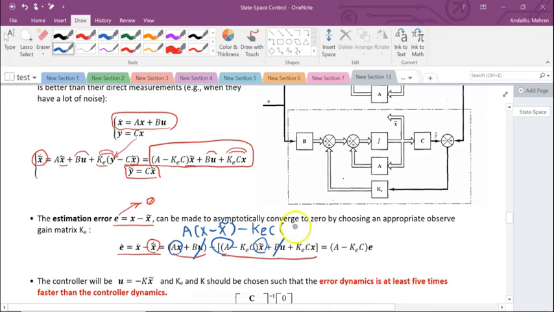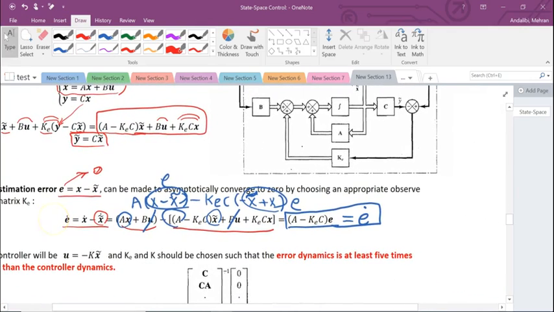This guy is going to be negative X tilde, and then this guy is positive X. So if you factor out X minus X tilde, it's going to be A minus KEC times the difference. And remember, this difference is E. So it's going to be A minus KEC times E. This equals E dot. And what kind of equation is this? This is a first order differential equation.